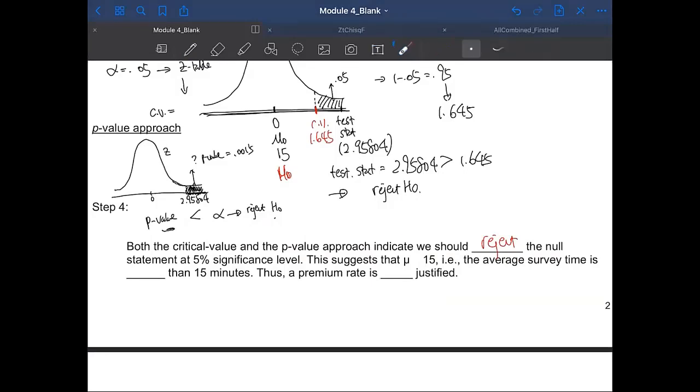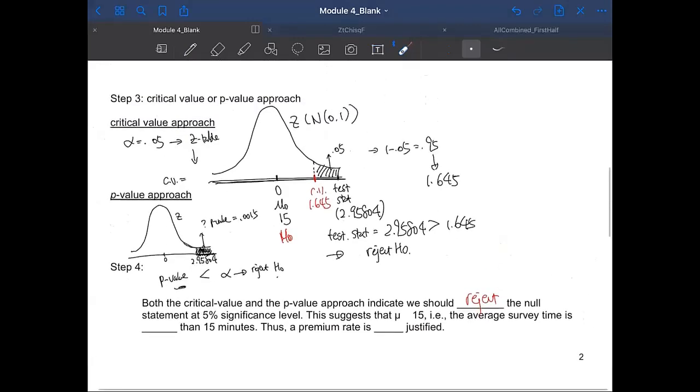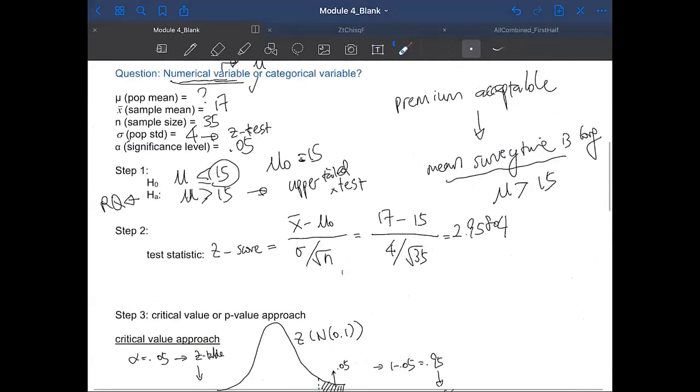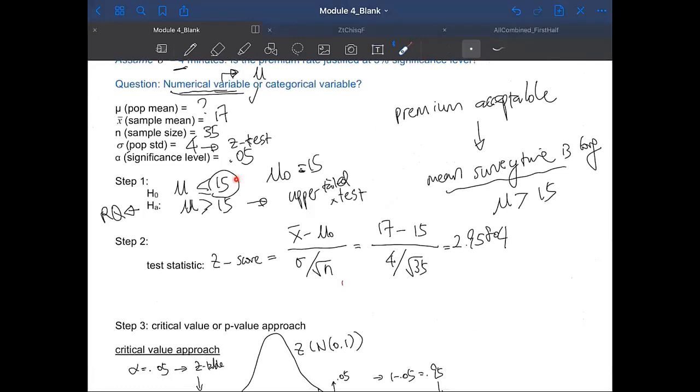This suggests mu is, okay, so let's go back to the context we have. We rejected the null. This is what we have, the null versus the alternative. When we reject the null, we take the alternative. The alternative says mu is higher than 15.